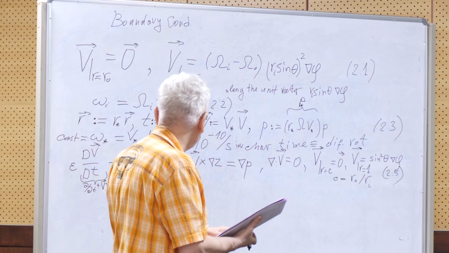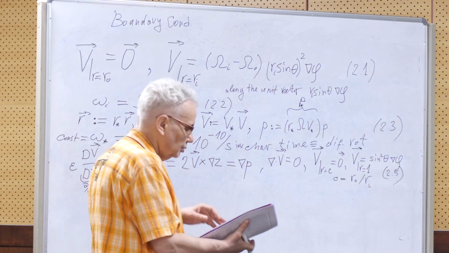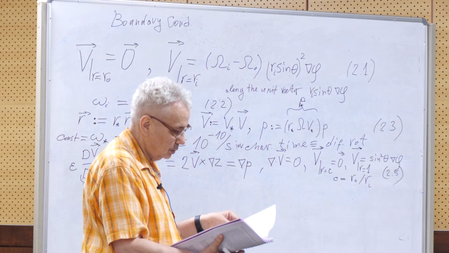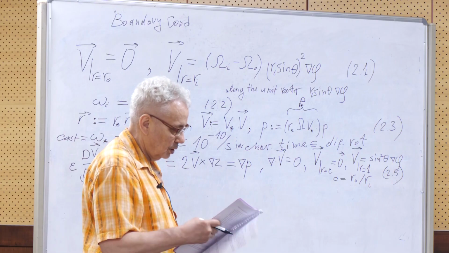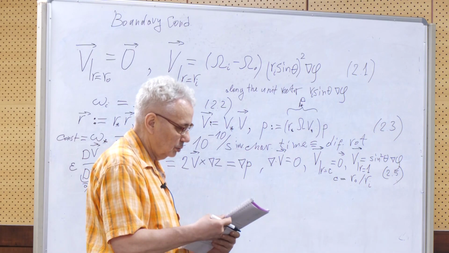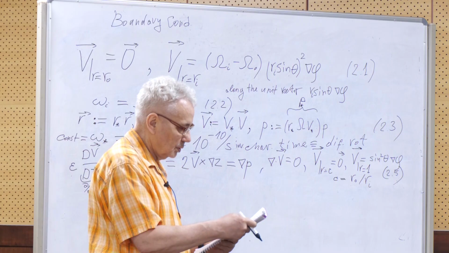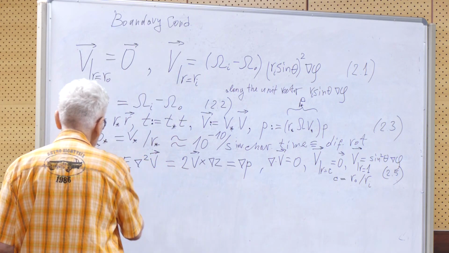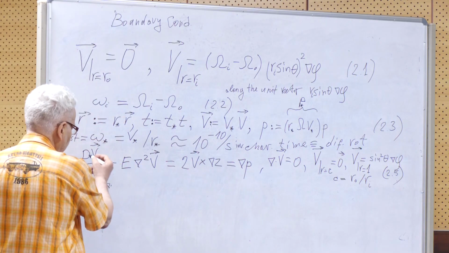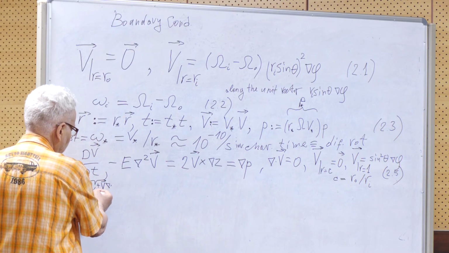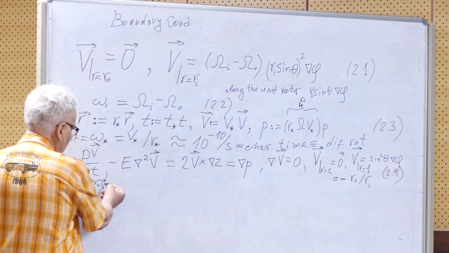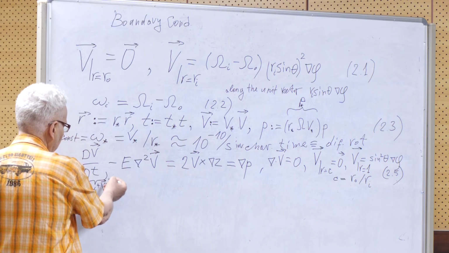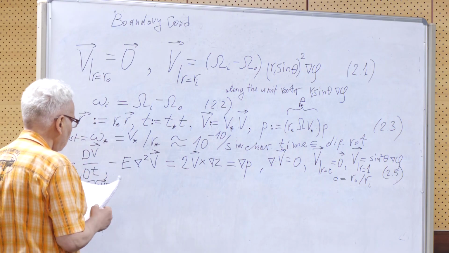About substantial derivatives, I already told you. Maybe it was worth writing down, but nevertheless I think it's clear that the substantial derivative is a combination of the ordinary derivative in time and v times grad, which then acts on v again.